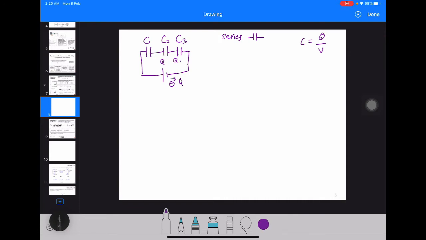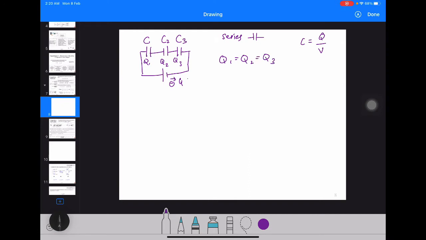So this would be Q3, Q2 and Q1. So what I'm trying to say is that when the amount of charge is equivalent in this part, and I push to that part, and I push to that part, then you can write that Q1 equals Q2, and then equals Q3.